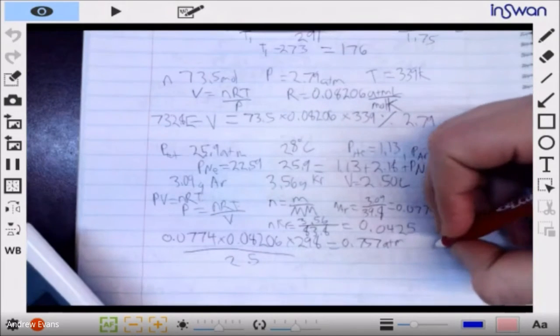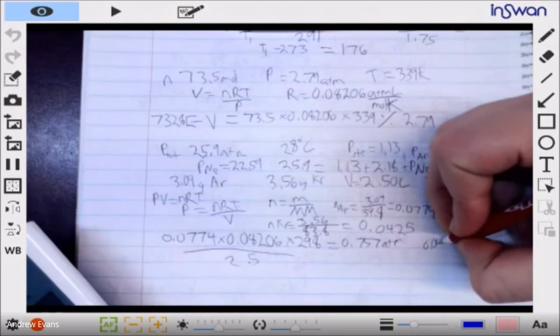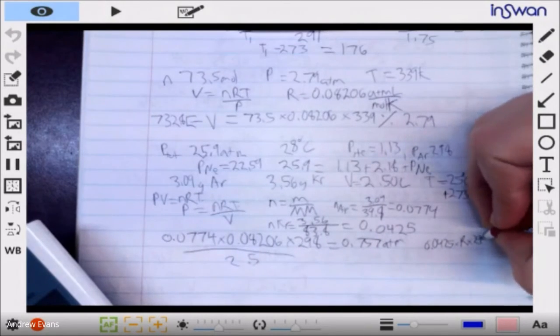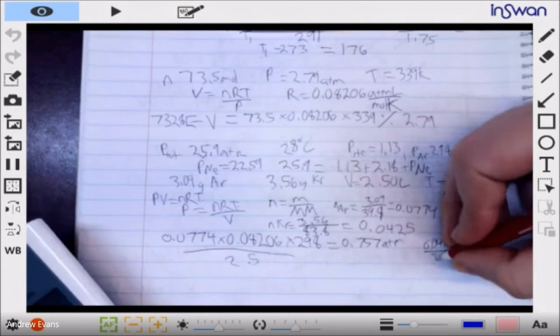Doing that again, 0.0425 times R times 298 over 2.5.